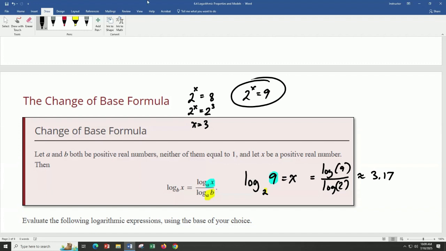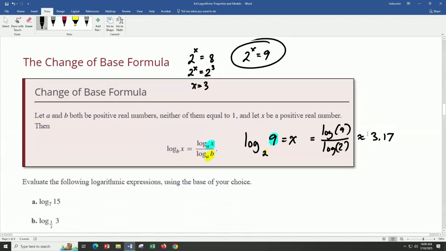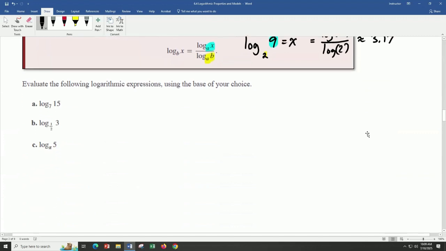So let's do a couple of these. And like I said, I'll leave C to you. But very simply, you're literally going to do what we just did. Change of base says, let's be honest, I cannot come in here and think of any way to make this work. There is no way for me to change this 15 to where it's going to have the same base as that guy. There is no way I can change the exponents around and do that.